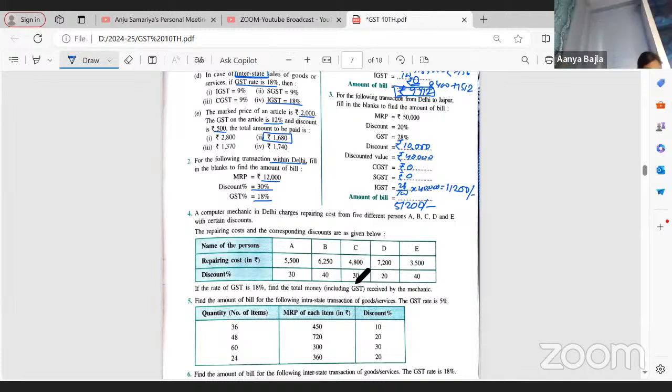Similarly for B, C, D, E. Okay, you do this one. Next one I can give you as homework.